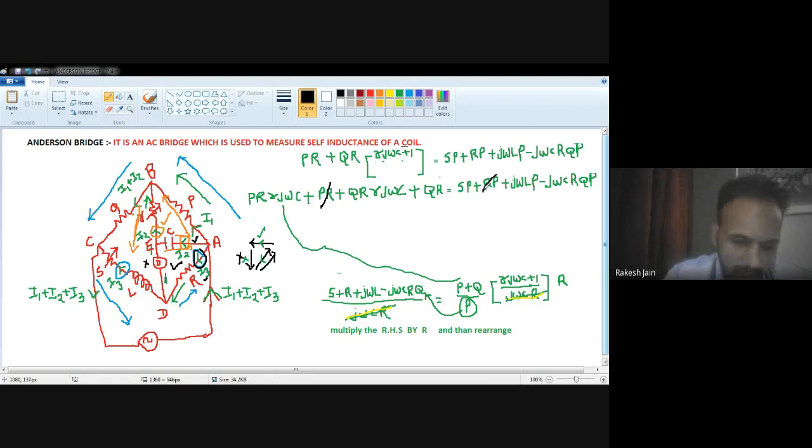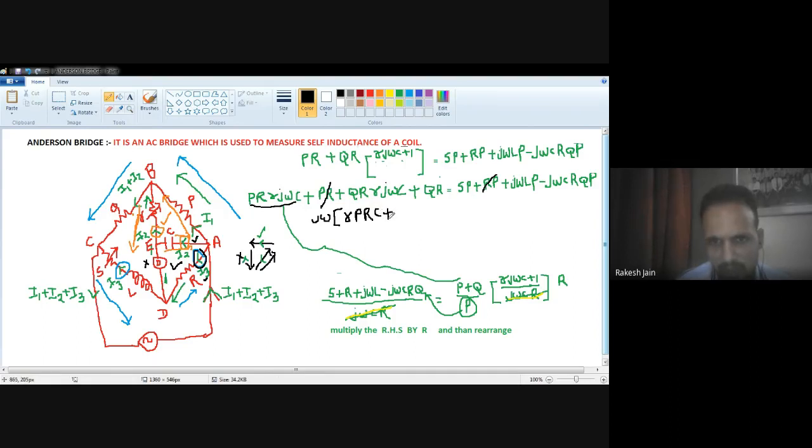RQ will be remaining, and the real part and imaginary part. Wherever there is a j omega term, that is the imaginary part. So at the left hand side, the imaginary part is j omega. In brackets, if j omega is the common term, then small r, capital R, from this I am going to write down. So j omega is common, so r, capital R and C will be common.